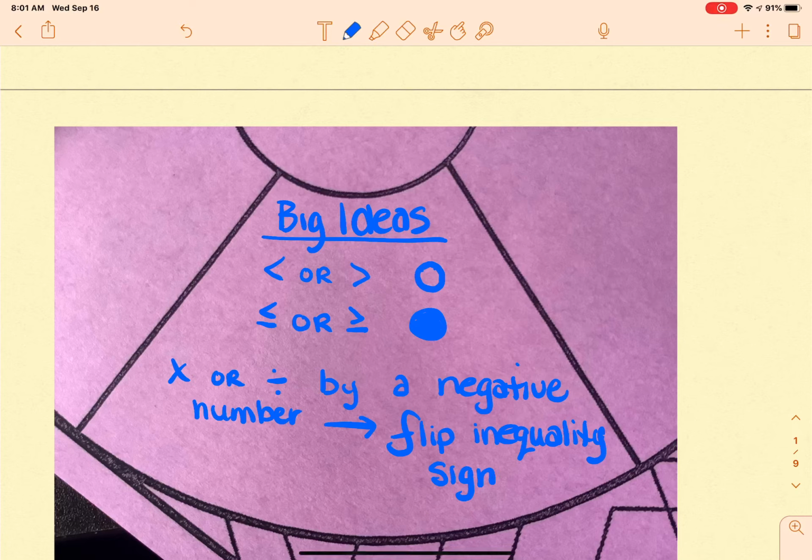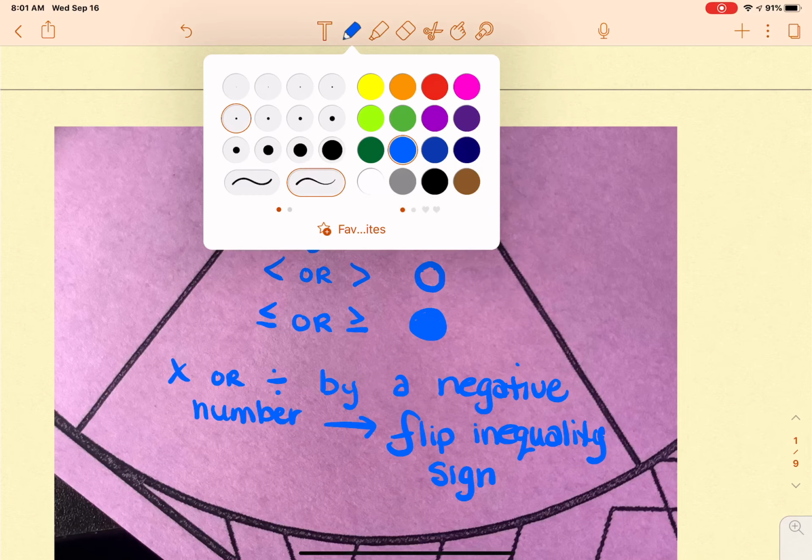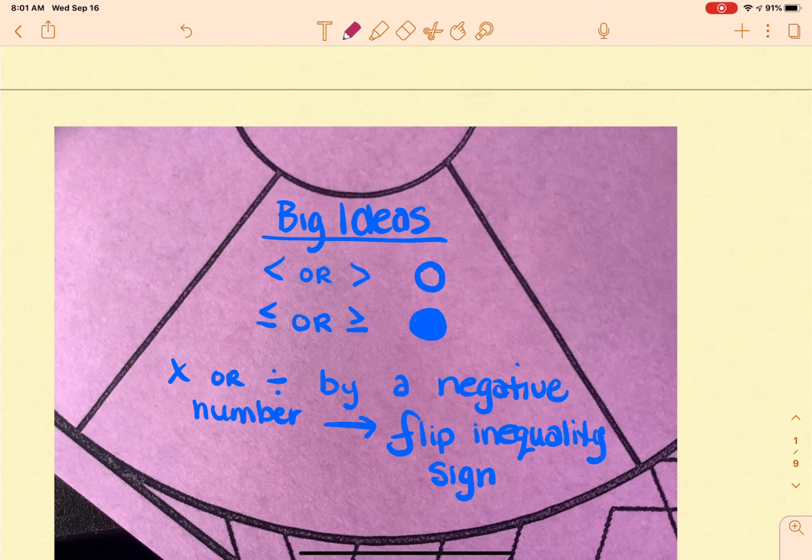And you're going to see a few of those today. Now, because we have this absolute value, we are going to do the two branches at a certain point. But I want to make sure that you're paying attention to those big ideas as we go.